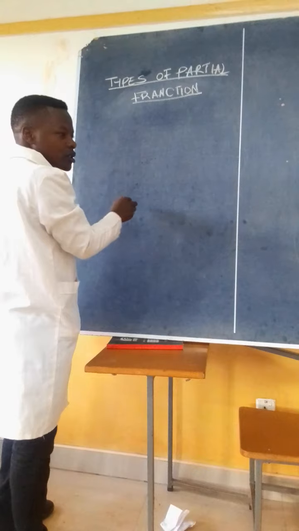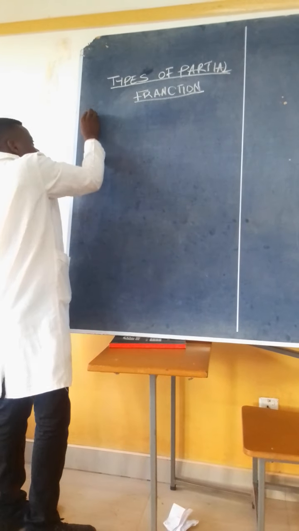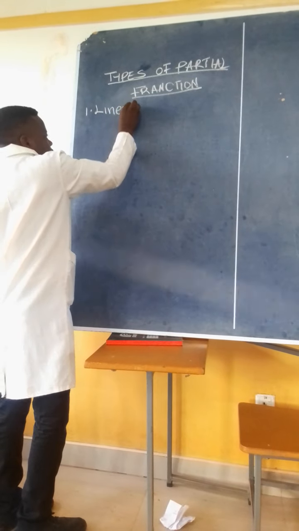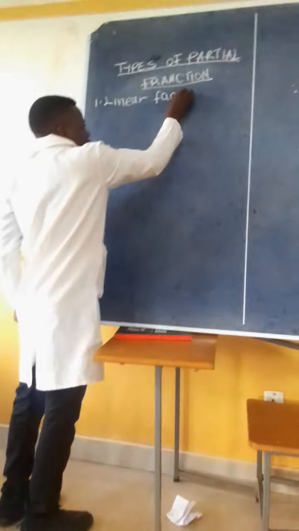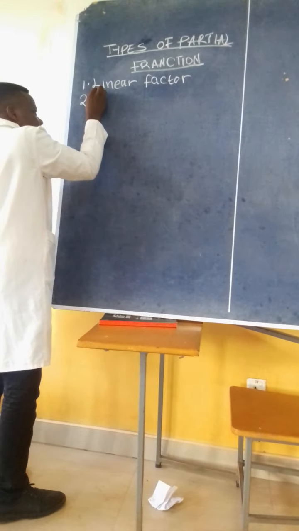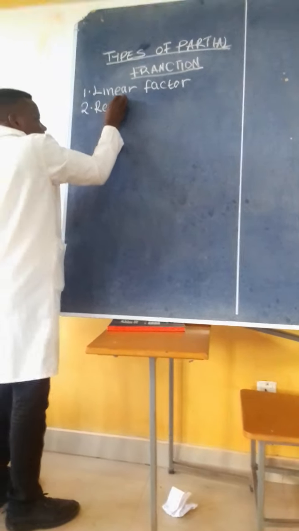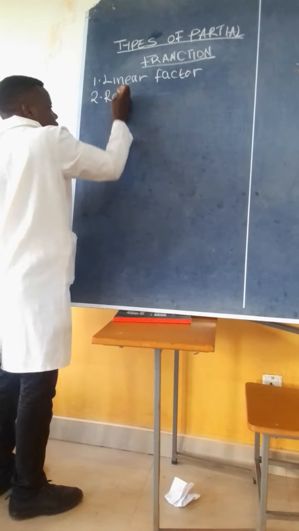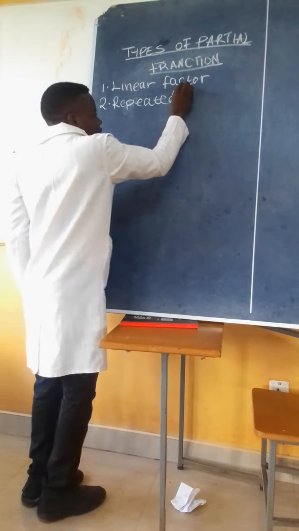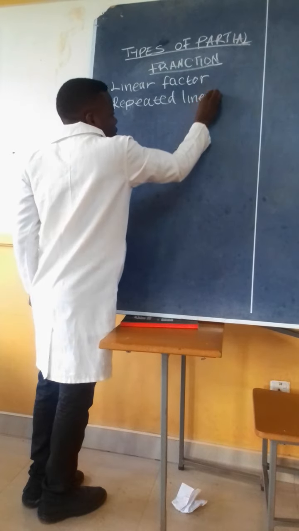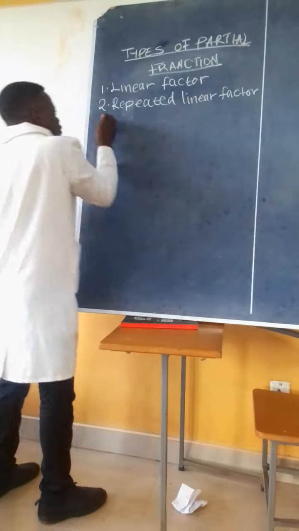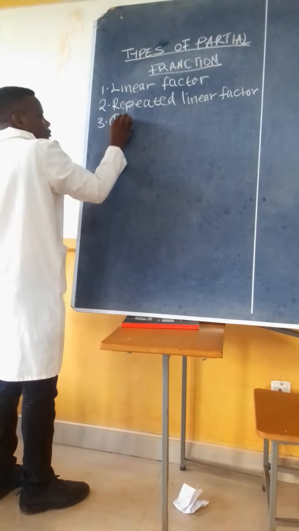The first type is linear factor. The second type is repeated linear factor. The third one is quadratic factor.